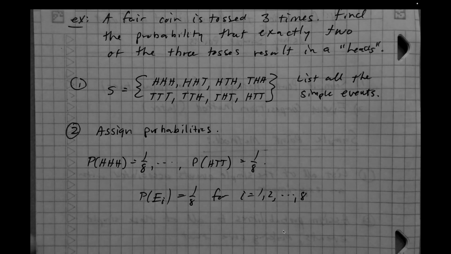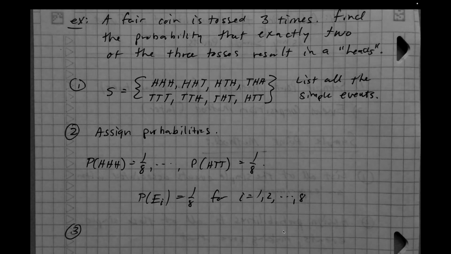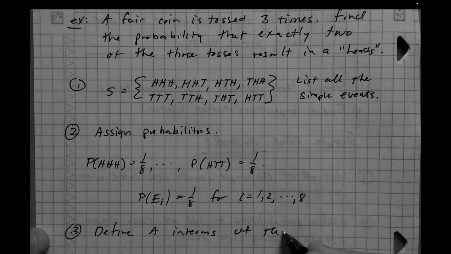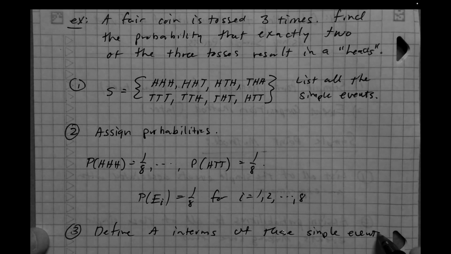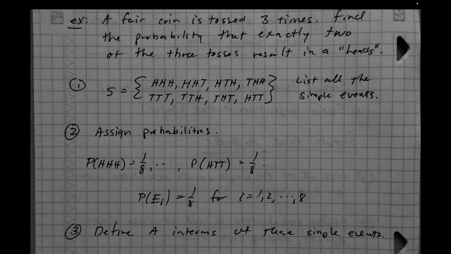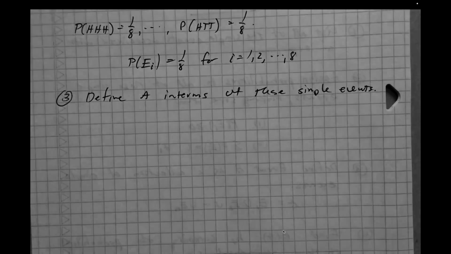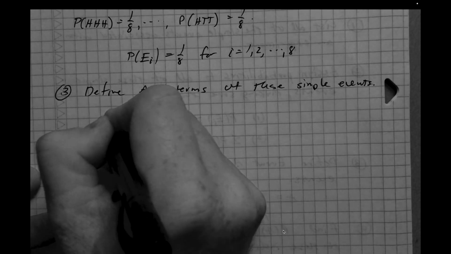Step 3 in this approach is to define event A in terms of the sample space, right? So define A in terms of these simple events. And so what was A?